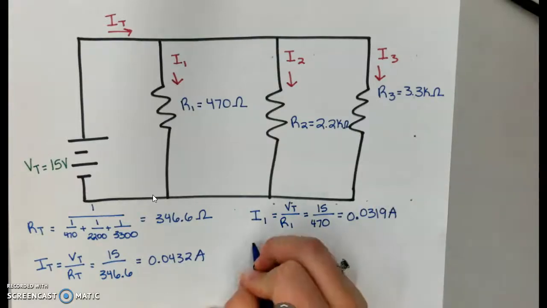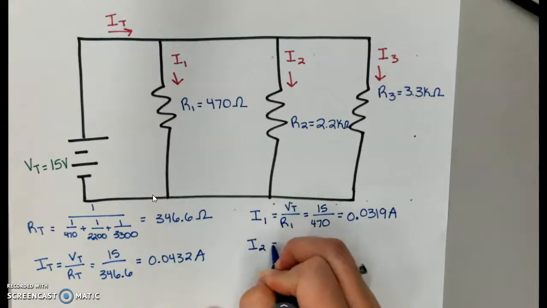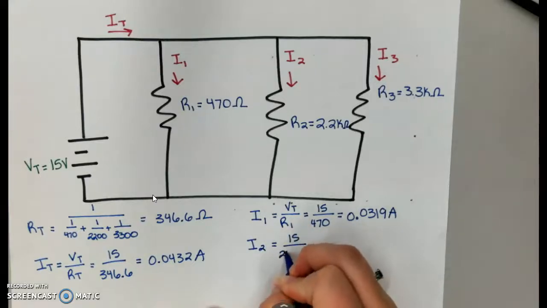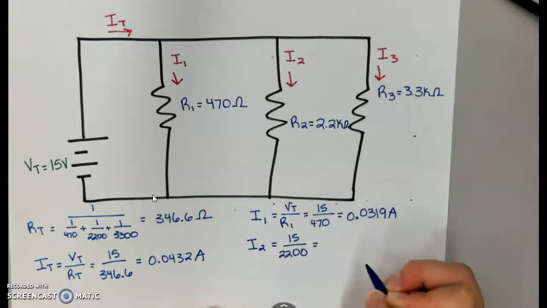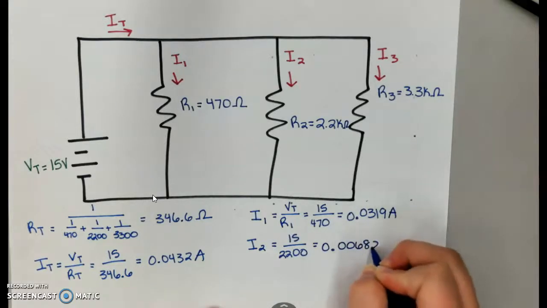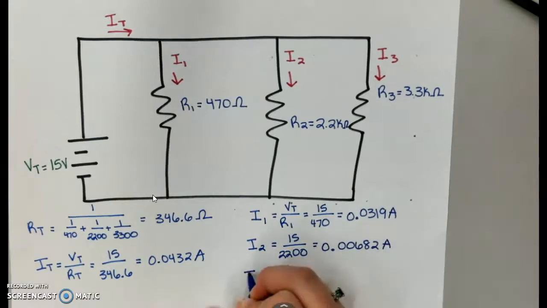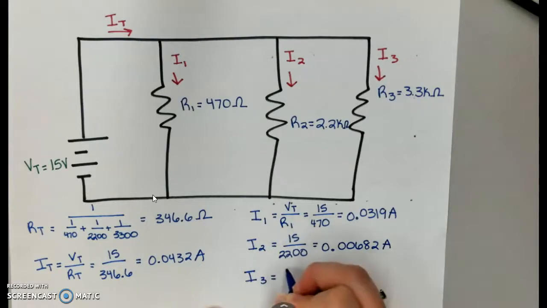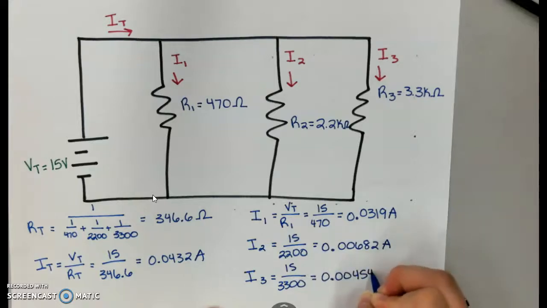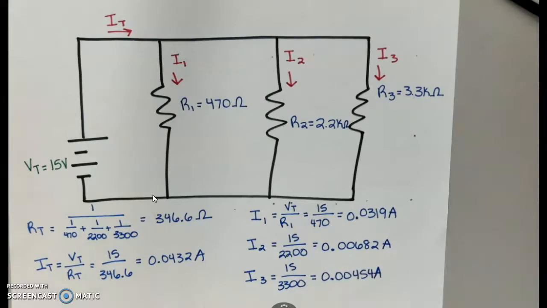0.0319 amps. And we're going to do the same thing for the second resistor. And I get 0.00682 amps. And same thing for our third resistor. We get 0.00454 amps.